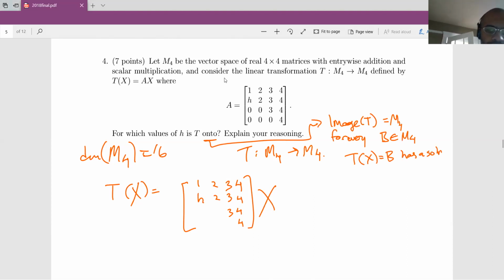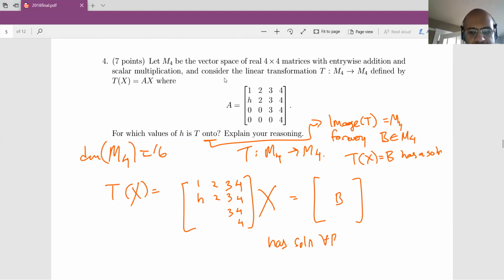Right? So this equation equals some other matrix B has a solution for all B. That's what you want, and you're interested in which values of h that would be true.